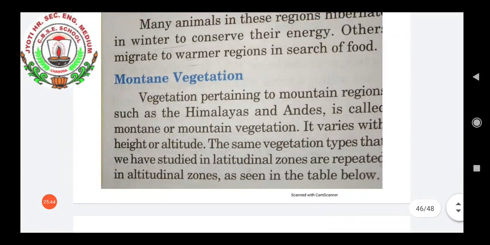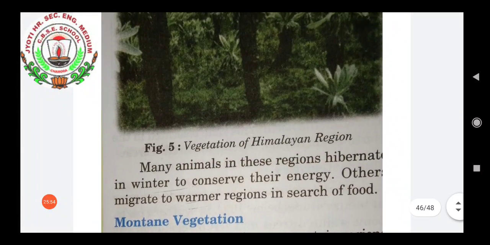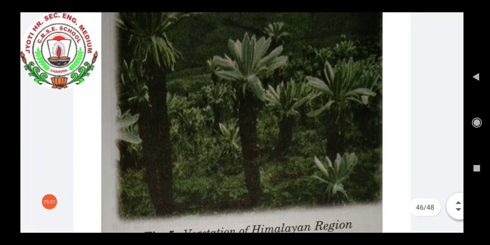Next is mountain vegetation. This is the vegetation pertaining to mountain regions such as the Himalayas and Andes. It is called mountain vegetation. This is the picture of this vegetation. Now, we have studied that the variety varies with height or altitude.